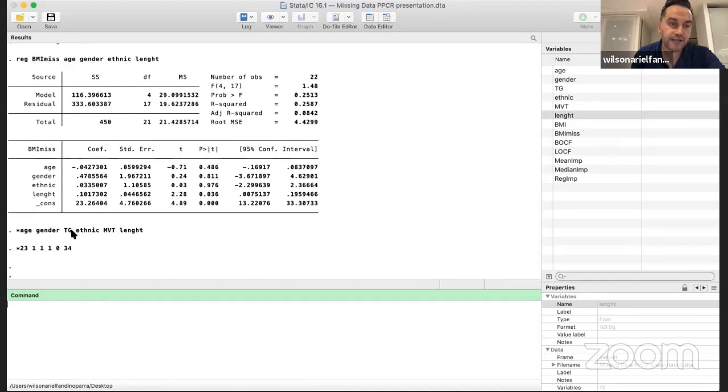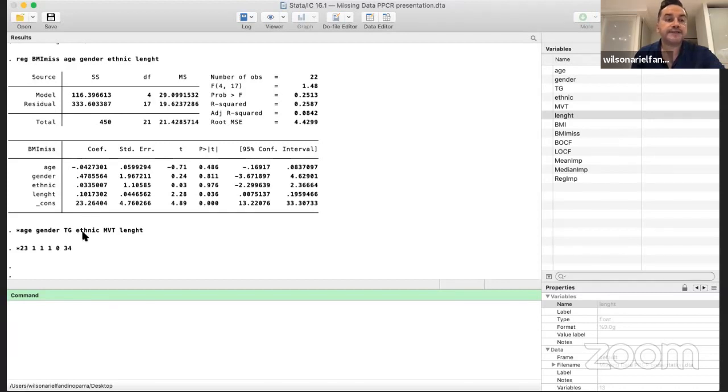For the first patient that would be 23.26 plus the age, which was 23, times minus 0.04, plus the gender, which was 1, meaning male, multiplied by 0.47, plus the ethnic, which was 1, multiplied by its coefficient of 0.033, plus the length, 34, multiplied by 0.101.